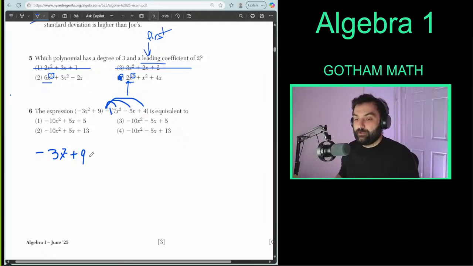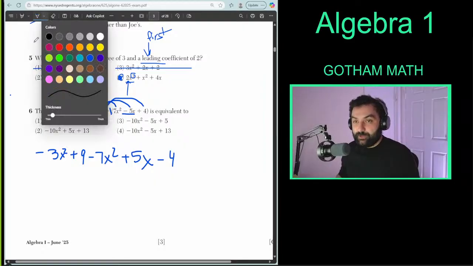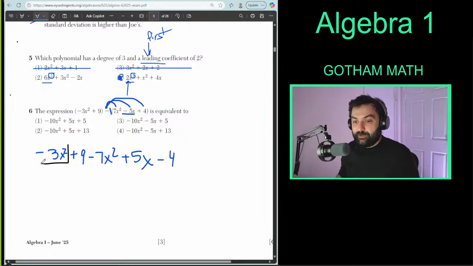So negative 1 times 7x squared is going to be negative 7x squared. Negative 1 times negative 5, don't forget, is going to be plus 5x. So everything is just the opposite sign. Negative 1 times positive 4 is going to be negative 4. Now I'm going to have to combine like terms. That's what it's called. You need to know how to do it. The like terms, negative 3x squared and negative 7x squared, will combine into a negative 10x squared. 5x has no like term, no friends, so you just copy it.